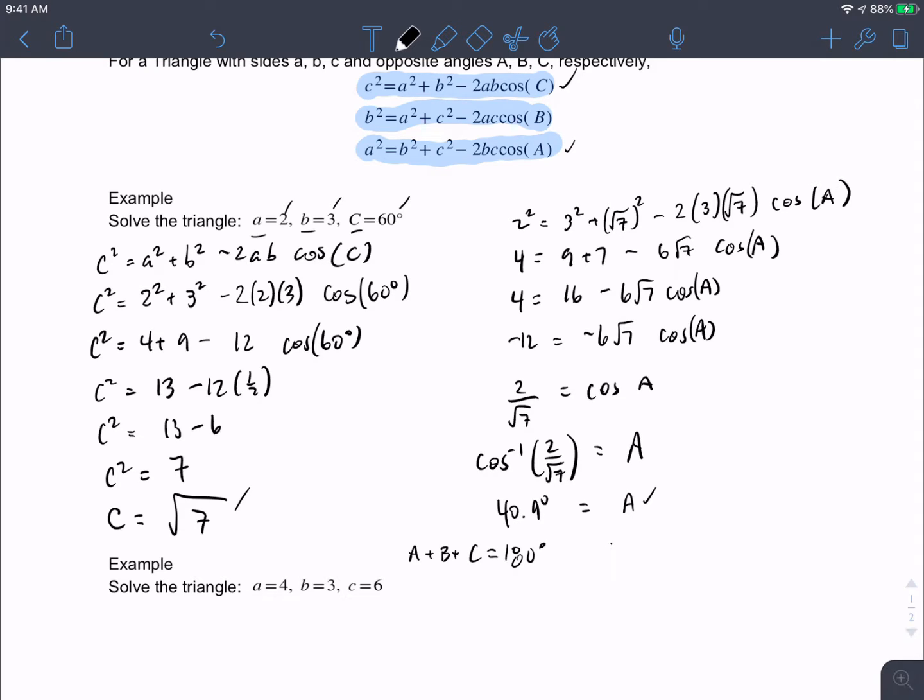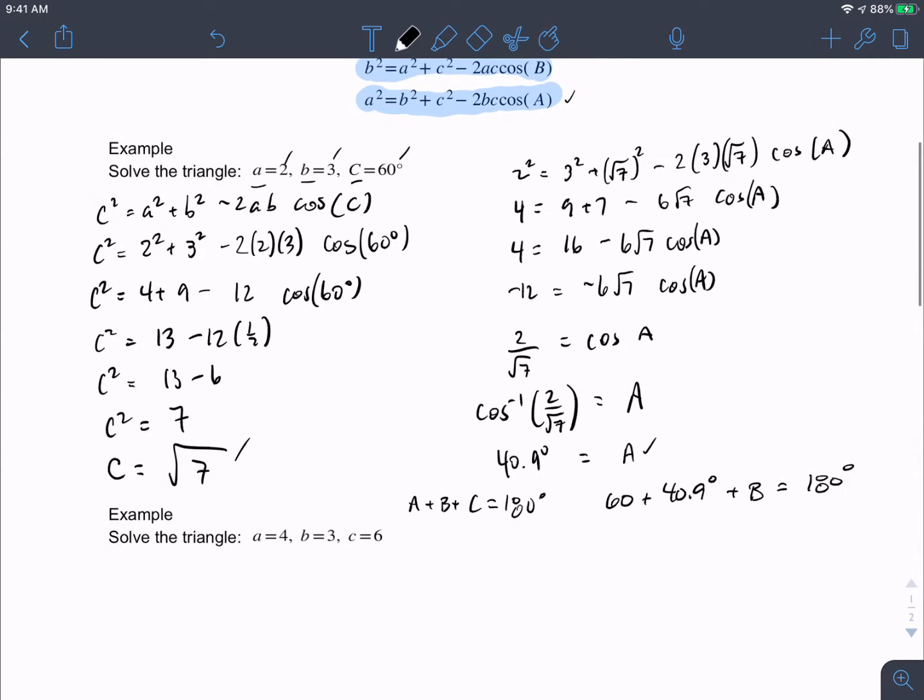So 60 plus 40.9 degrees plus our angle B, which we don't know, has to add up to 180 degrees. Doing the math there, B is equal to 79.1 degrees. And that's that problem.